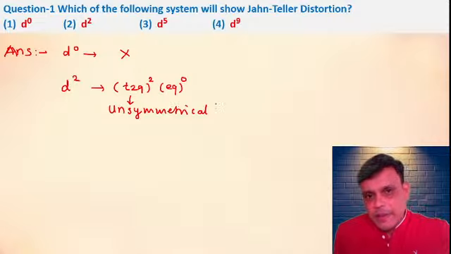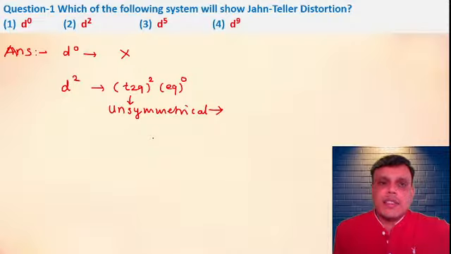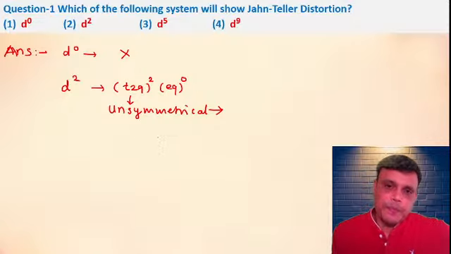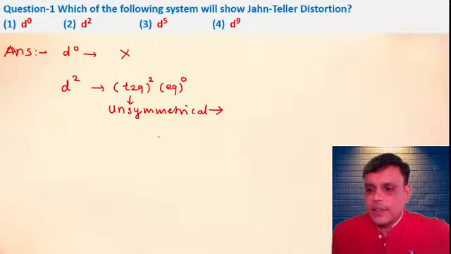अगर unsymmetrical filling है तो this system will show Jahn-Teller distortion or not? Tell me. क्या ये Jahn-Teller distortion शो करेगी? हाँ या नहीं? करेगी कि नहीं करेगी? Unsymmetrical filling है.